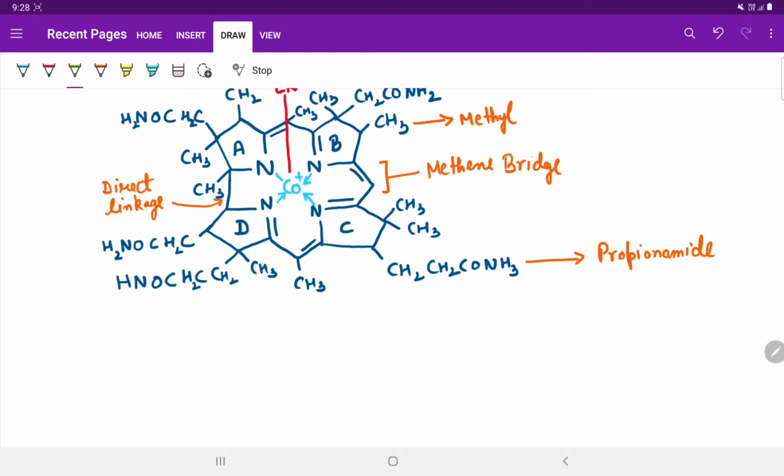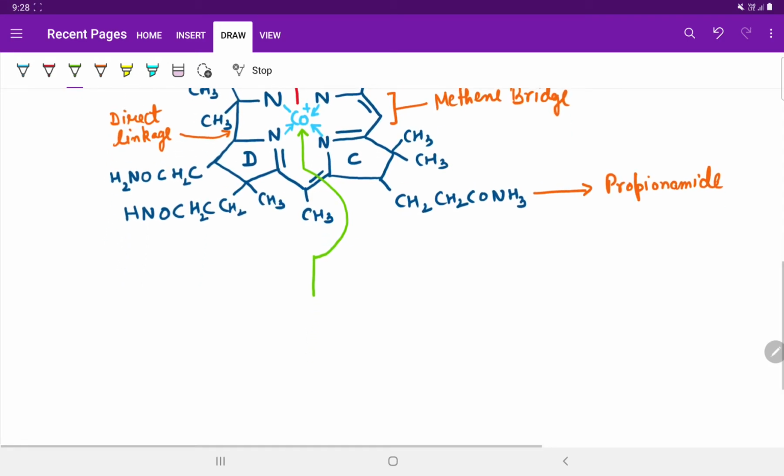Now the dimethyl benzimidazole is attached on this side.